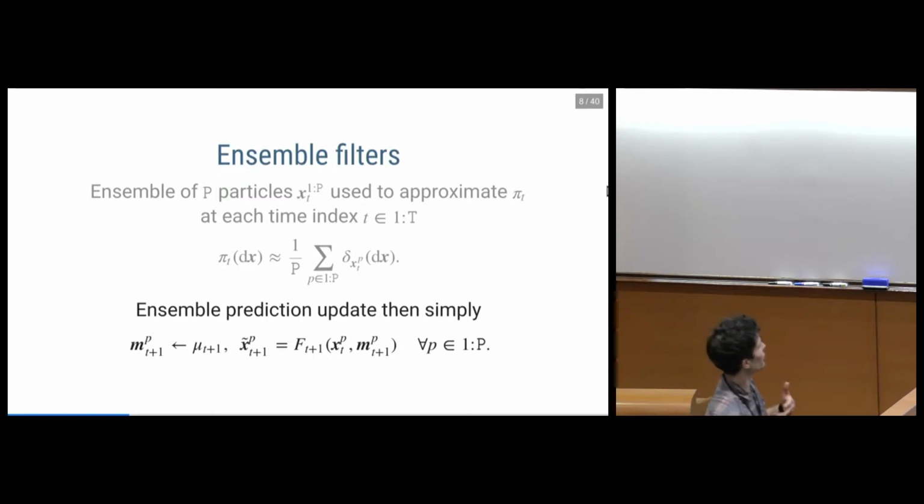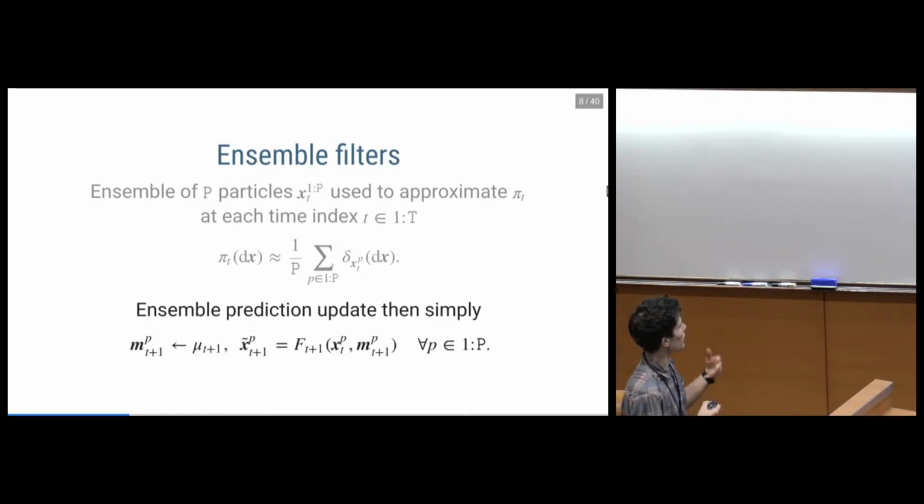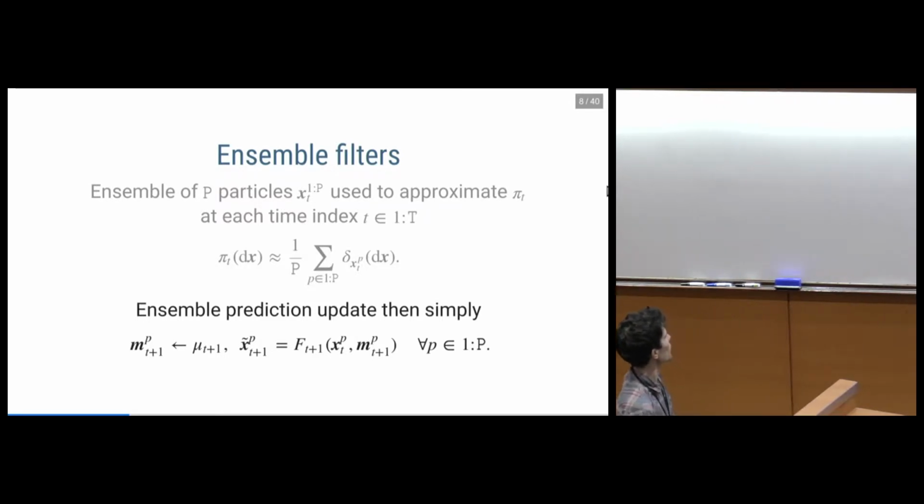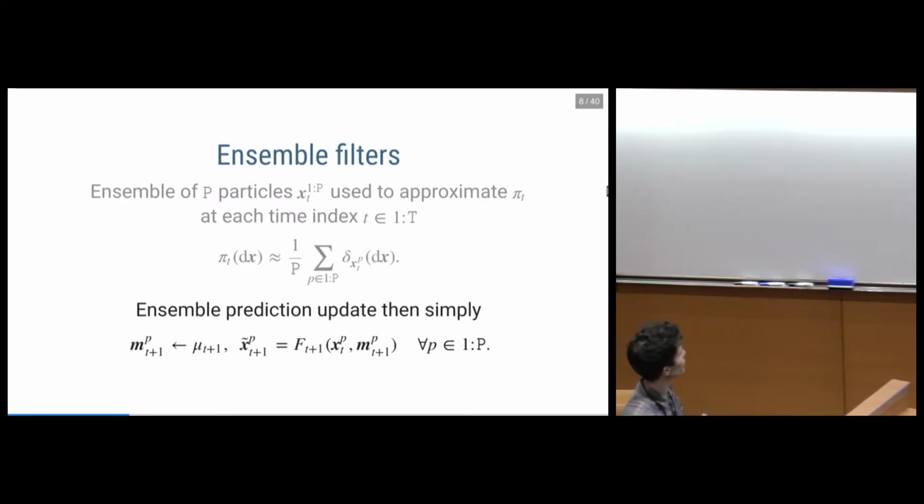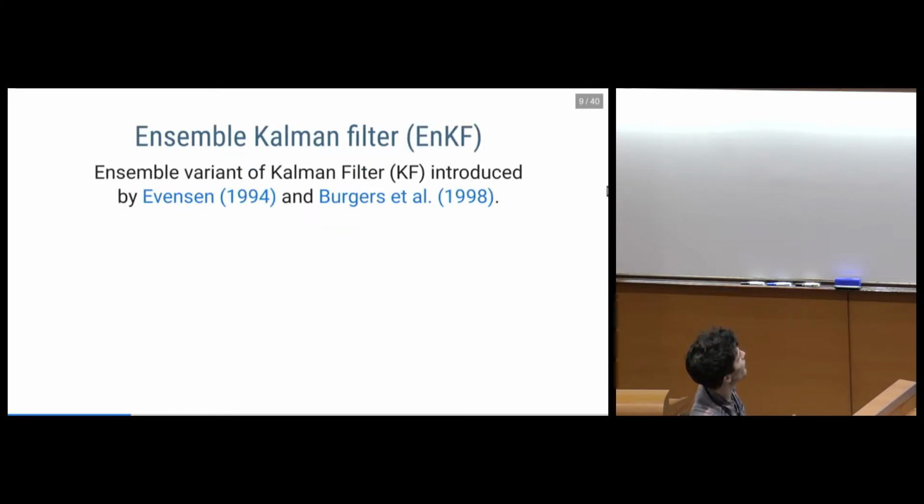And then we can very simply implement a prediction update to get predictive distribution particles just by simulating from the system effectively. So drawing some noise variables for each particle and then mapping forward through the state update operator. So this is basically saying propagate our states forward under the system dynamics.